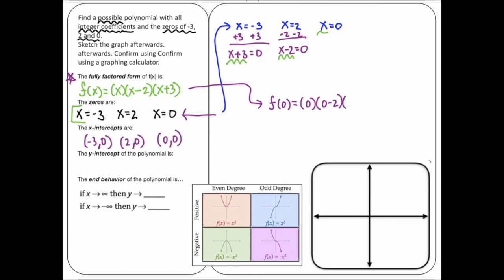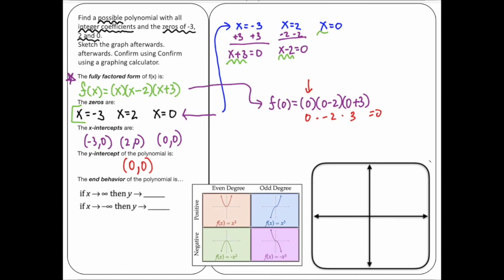Plug in 0 for x to get the y-intercept. Okay. So this means that this is multiplying by 0. So that's 0, a negative 2, and a 3. So we know that it's a 0. So 0, 0. Okay. So pretty good so far, filling everything out.